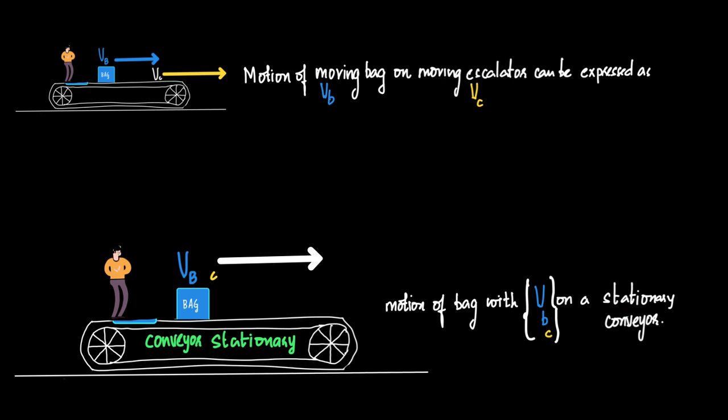Because here you have vb, therefore we have ab, we have vc, therefore you have ac, and therefore sb corresponding sc, right? So you will have three equations of motion here for vb and vc. So 3 plus 3, total 6 equations. So the calculation becomes really complex. Whereas here all you need is one equation by replacing velocity with relative velocity of bag with respect to conveyor. So solving one system using 6 equations versus solving one system using just one equation. That's the difference when it comes to using the concept of relative velocity.